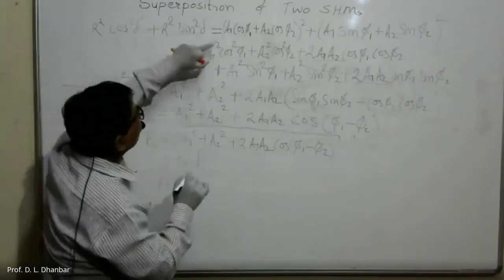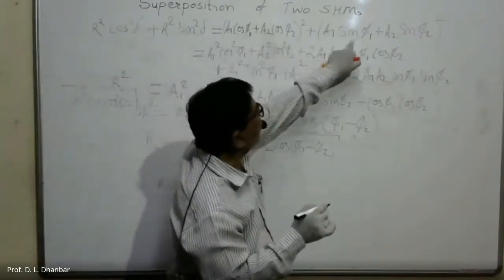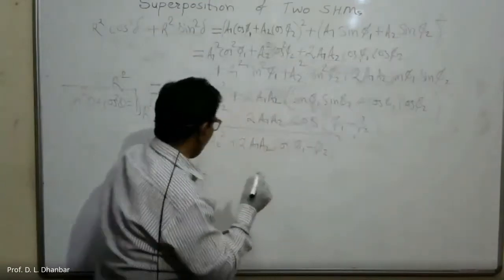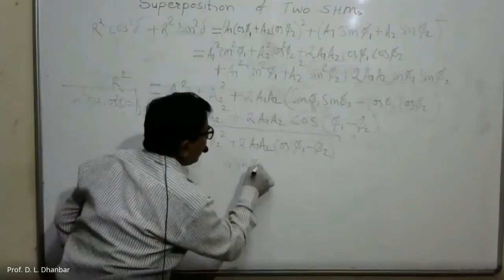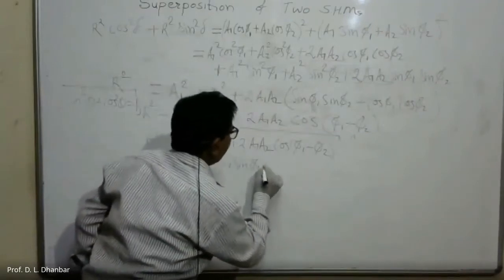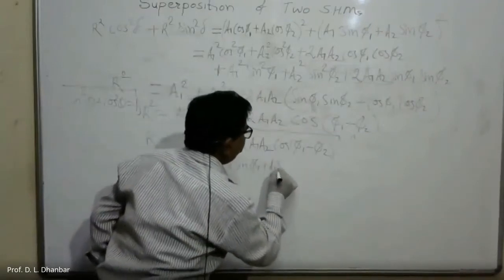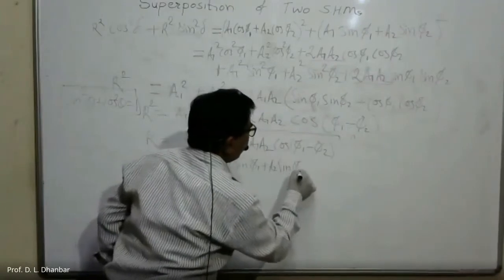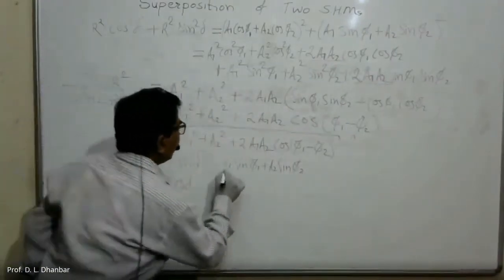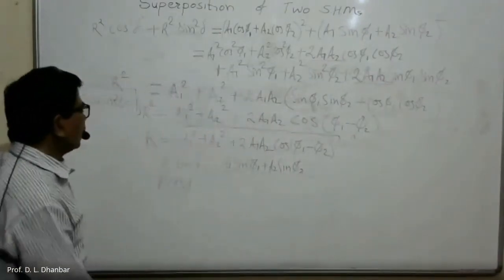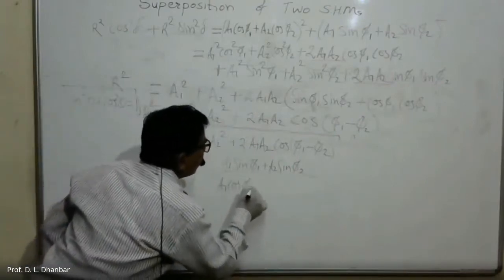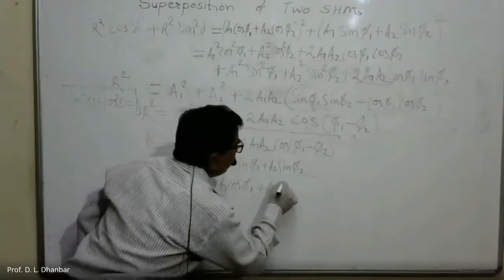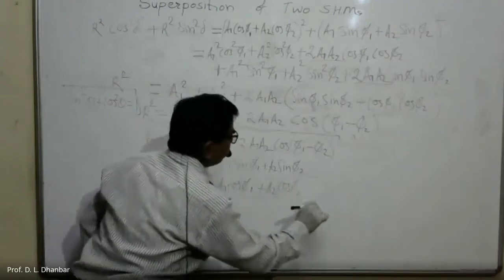R sin delta is equal to A1 sin phi 1 plus A2 sin phi 2, divided by A1 cos phi 1 plus A2 cos phi 2.